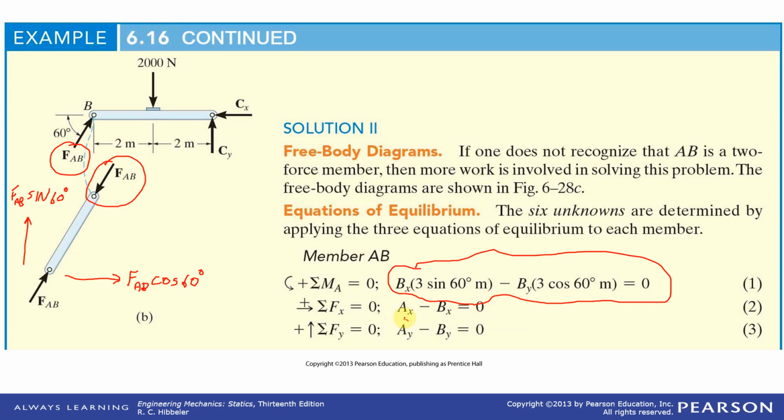Let's go through this. Being a two-force member, if we have any component of force that is a net force perpendicular to the beam, then it'll either translate or rotate.